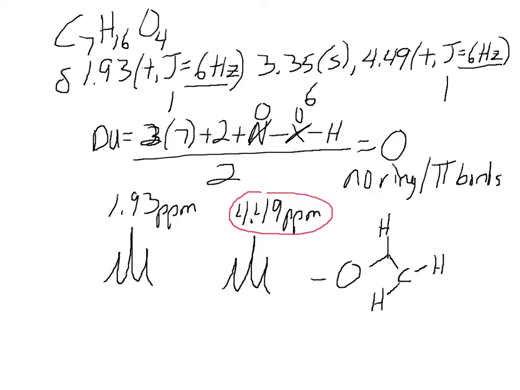So what we know is our peak at 4.49. And we think, all right, let's take a step back and ask ourselves another question. I don't think we're as clear as we should have been. So a hydrogen next to an oxygen, is that really going to be at 4.5? We don't know what's on this side of the oxygen.